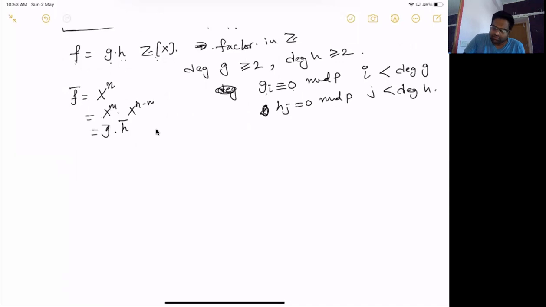So if you take the degree 1 term, this becomes g0 h1 + g1 h0, which is p, but these are congruent to 0, so this is congruent to 0 mod p^2. So p is congruent to 0 mod p^2, which is absurd.